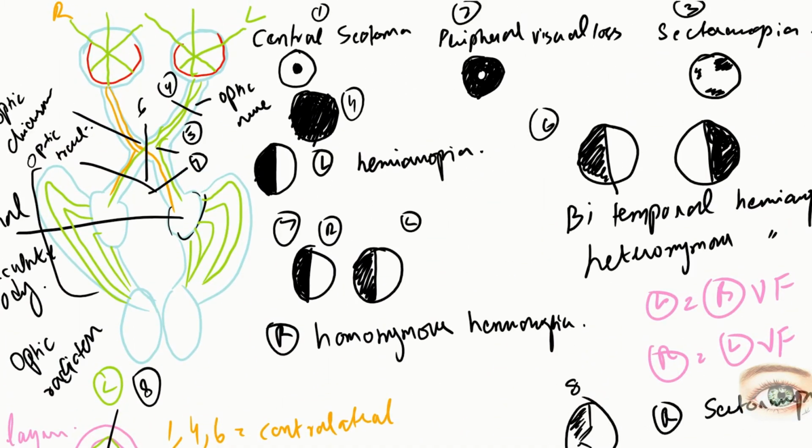Now, from the optic radiations, these fibers are finally going to get to the occipital lobe, and they're going to lie in the primary visual cortex, which is Brodmann's area 17, right?